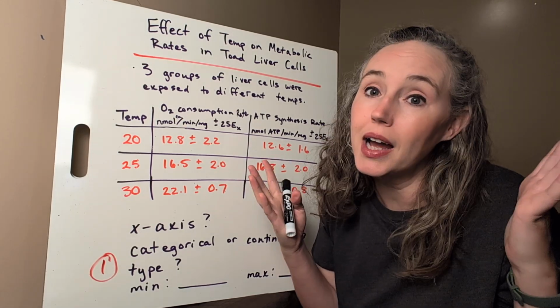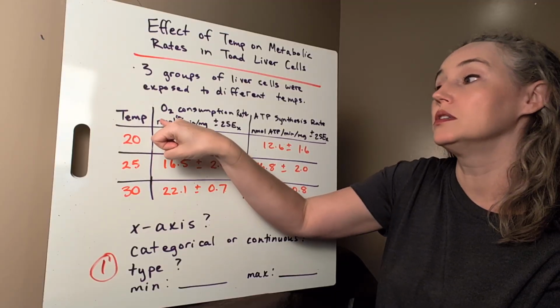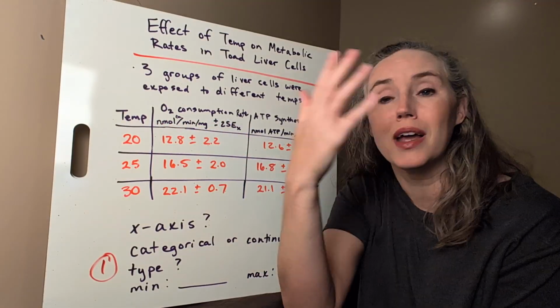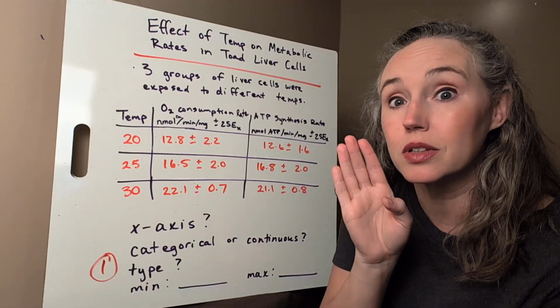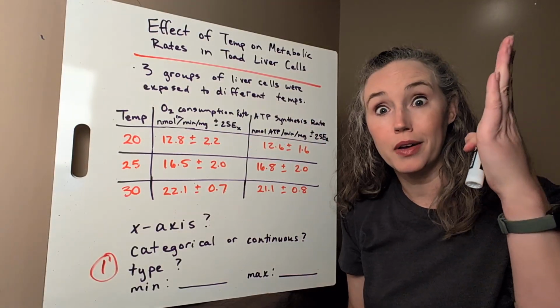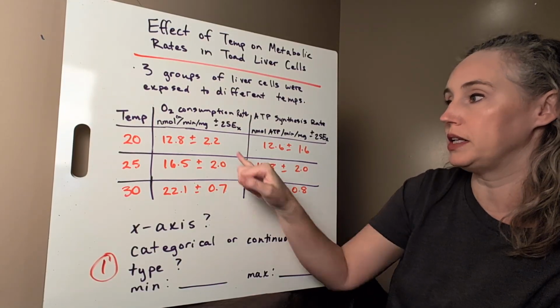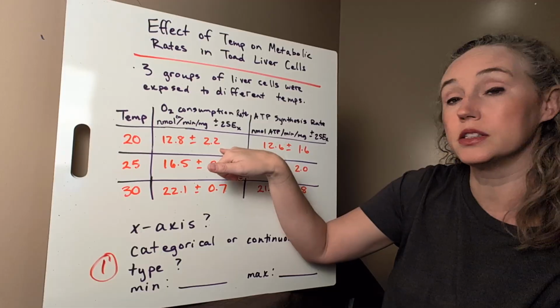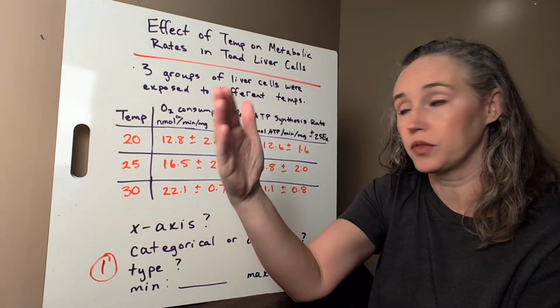Why? I don't know. But they're going to give you some crazy unit, but here's the beauty. You don't have to know what that even means. Just know that's the unit. And so don't forget to put it on the axis. All right. And then plus or minus 2 standard error of the mean. So when you see plus or minus this number to the right, that's your 2 standard errors of the mean.